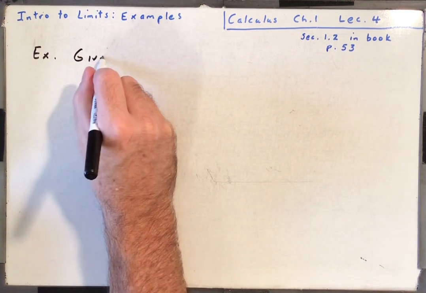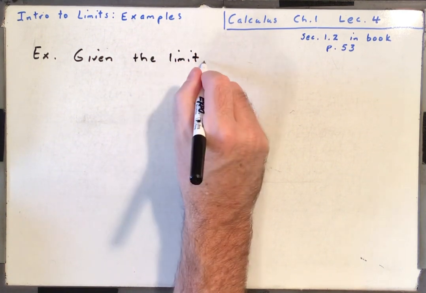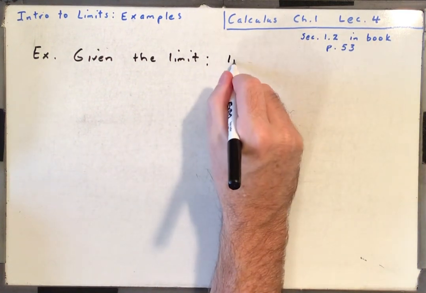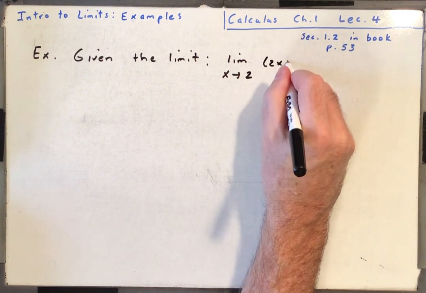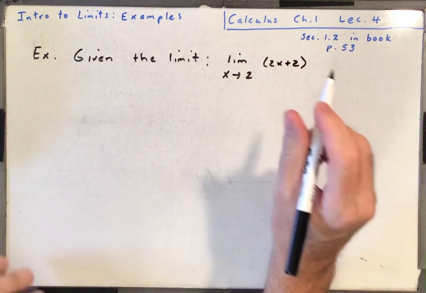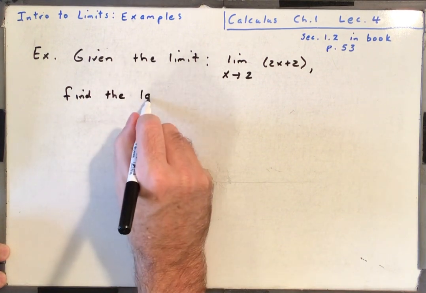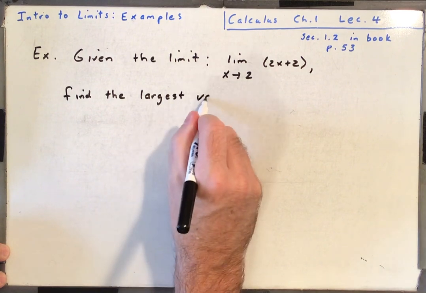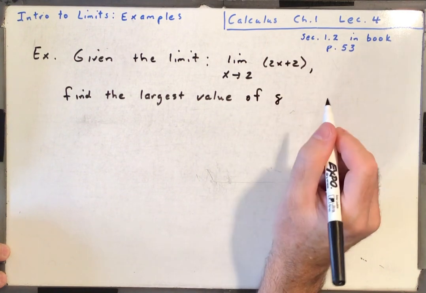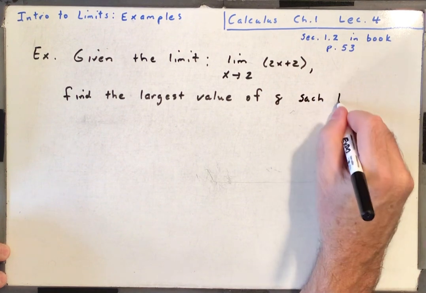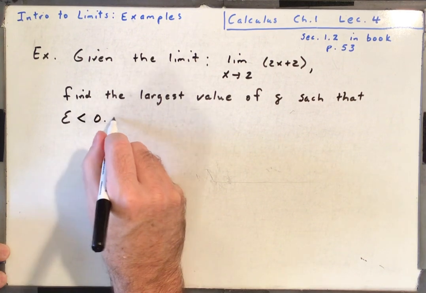So given the limit as x approaches 2 of 2x plus 2, find the largest value of delta such that epsilon is less than 0.005.